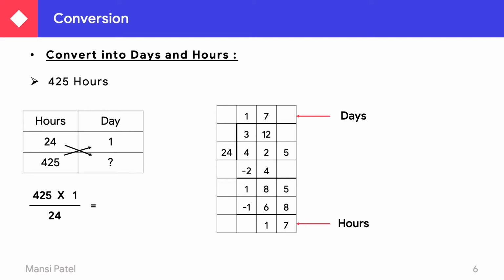So here we have to convert hours into days. So this 17 is known as your days and another 17 that is in your remainder is known as your hours. So we can say that 17 days and 17 hours.